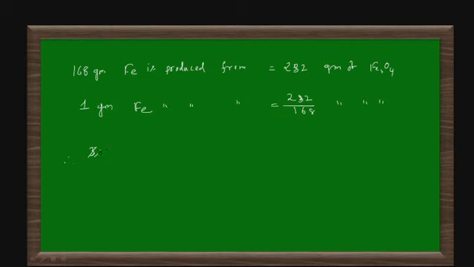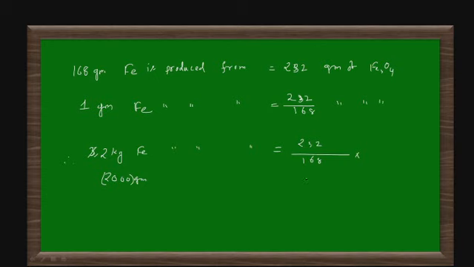So 2 kilogram of iron is produced from 232 divided by 168 into, because 232 and 168 are in gram unit, 2 kilogram will be 2000 gram.